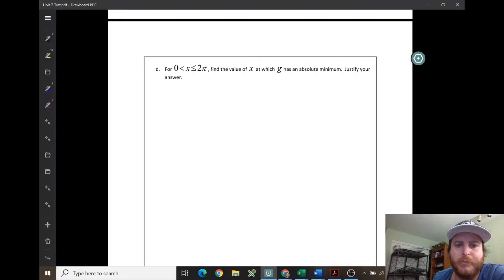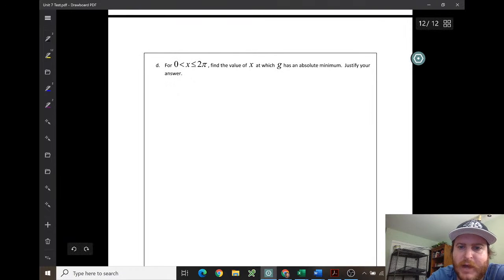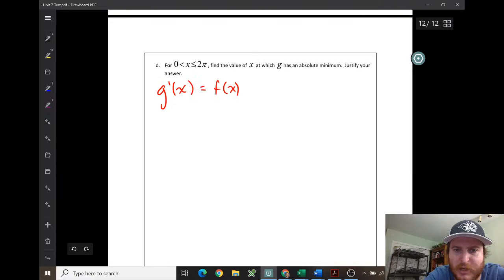And then part D, for 0 less than or equal to x less than or equal to 2 pi, find the value of x at which g has an absolute minimum. Okay. So it's a little bit tricky, but again, started off by saying g prime of x equals f of x, which is equal to 0. This is super, super important.